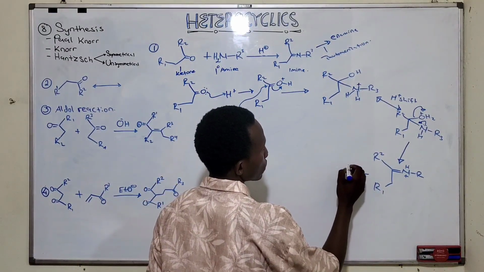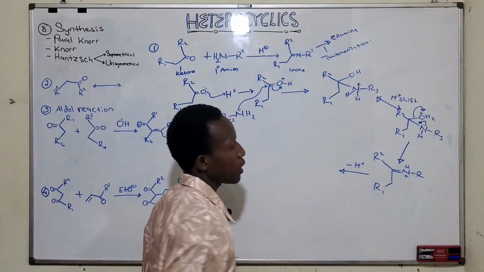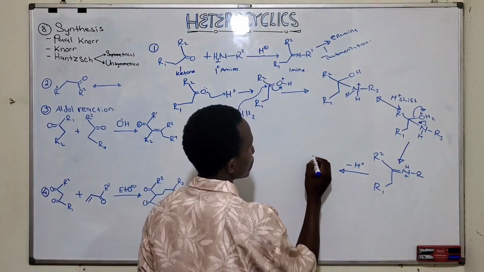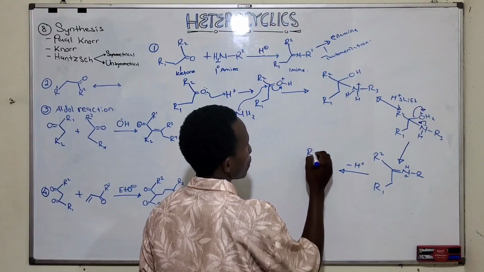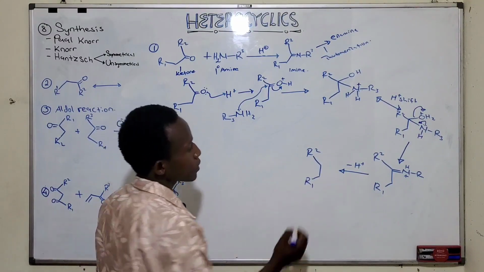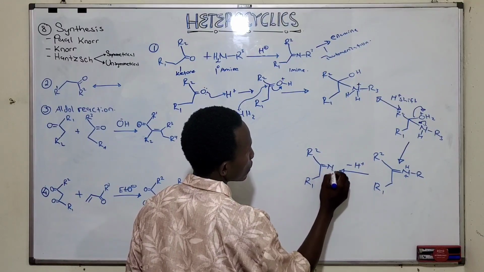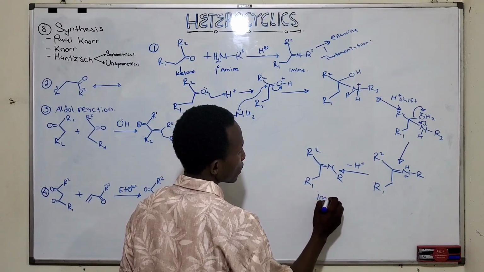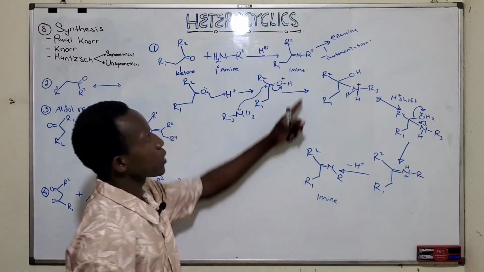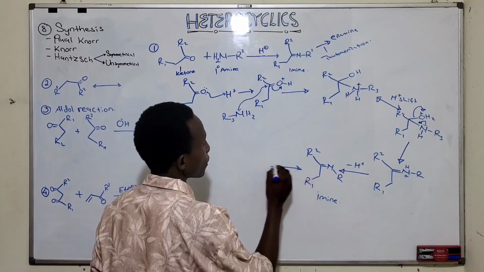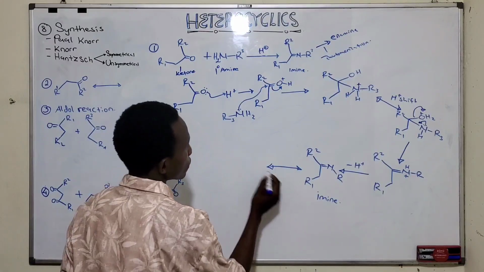So we shall lose a hydrogen or a proton, forming R2, then R1 with N and R. So this one here is imine, but this one can tautomerize, form this.